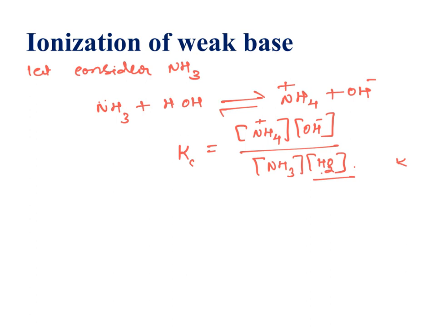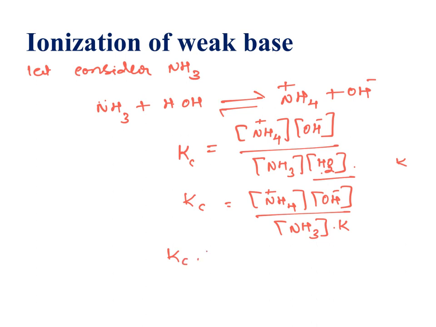Now I can write this expression: Kc equal to NH4 plus OH minus by NH3 times K. Now I take K to this side.